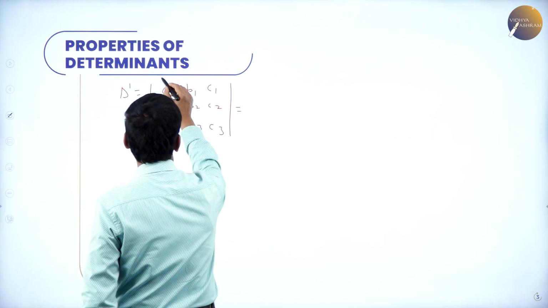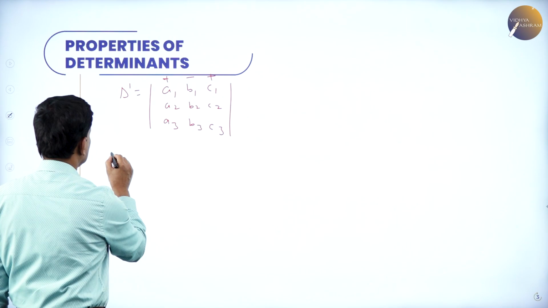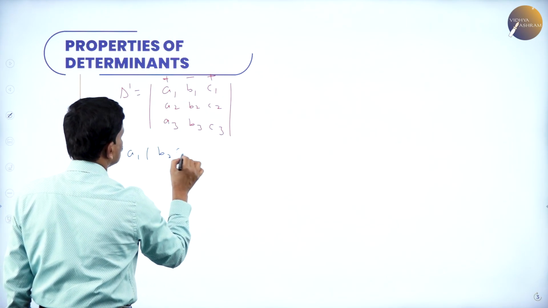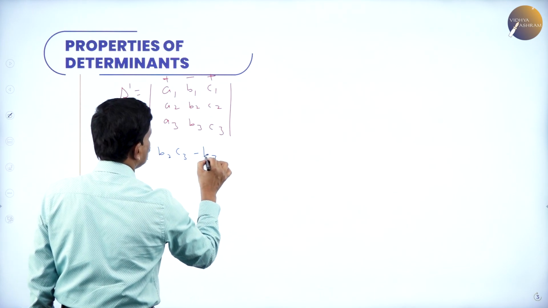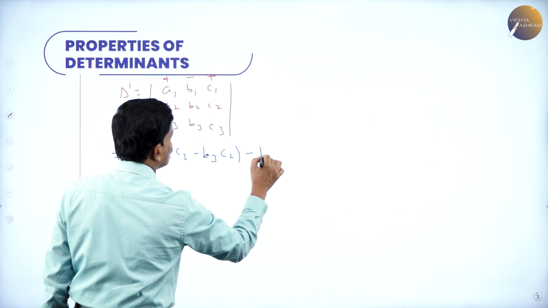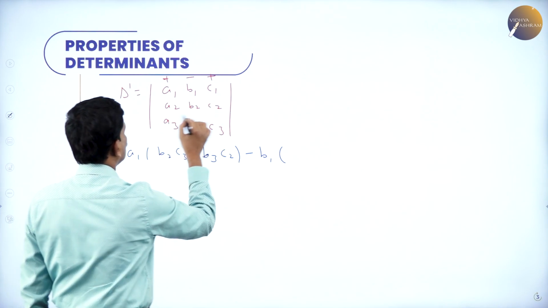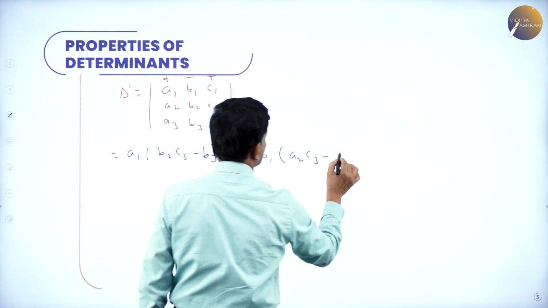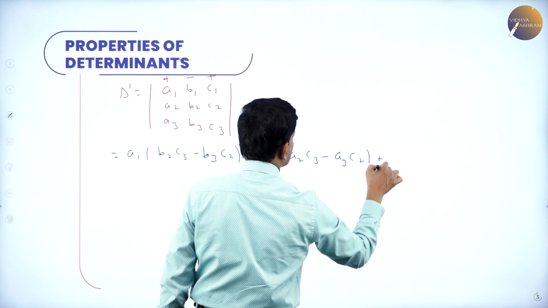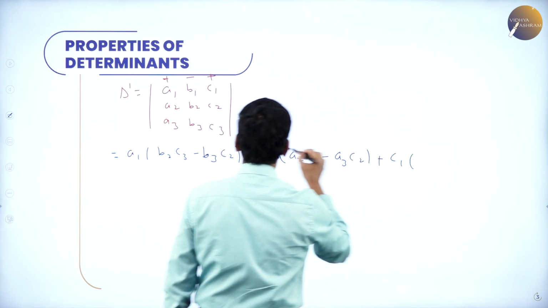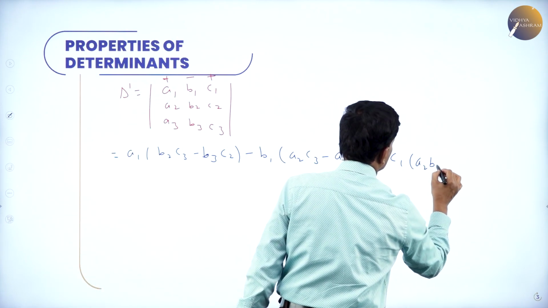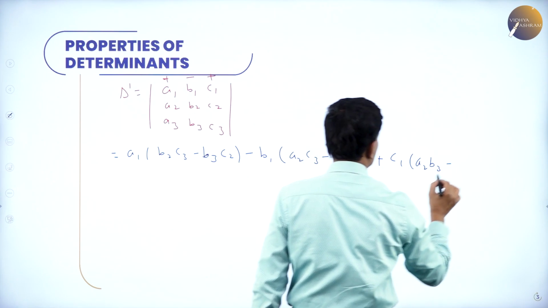Expanding with signs plus, minus and plus: A1 into (B2 C3 minus B3 C2), minus B1 into (A2 C3 minus A3 C2), where this row and column are deleted, plus C1 into (A2 B3 minus A3 B2).